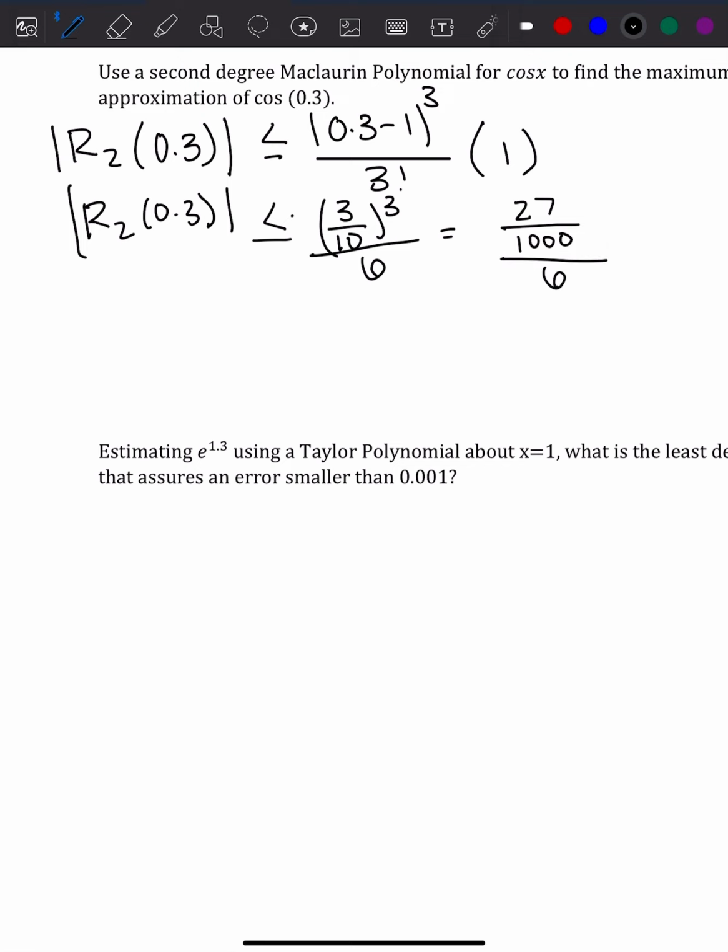And we're dividing that by 6. If we multiply by the reciprocal, we're going to get 27 over 1,000 times 1/6, because right now it's 6 over 1.